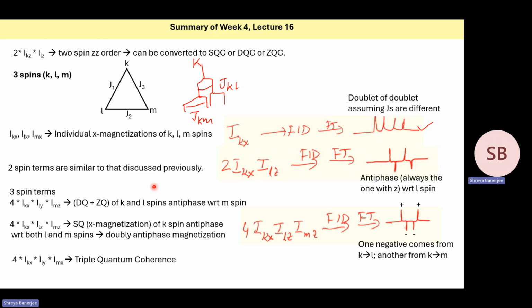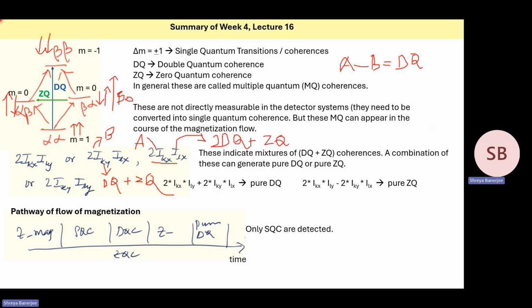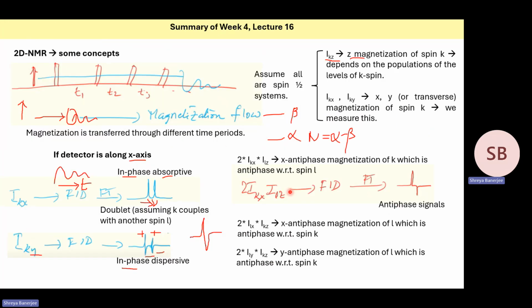The two spin terms are similar to what was discussed previously. You will have 2IKX, ILZ. So there is a spin K in the x direction and L in the z direction. You can see the two axes are at 90 degrees to each other. Previously, if you did the Fourier transform of such a two spin term, you would get one antiphase signal, so two signals antiphase with each other.